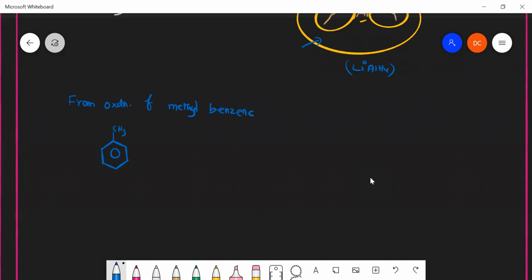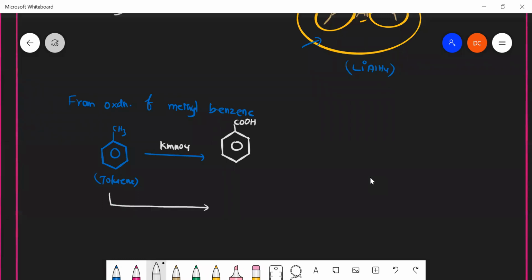From that toluene, if we use a strong oxidizing agent like KMnO4, what will be my product? COOH, sir. Very nice. Benzoic acid is the product.